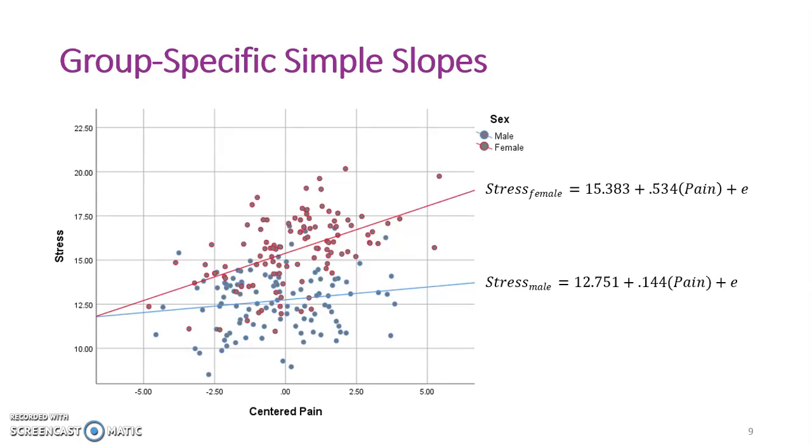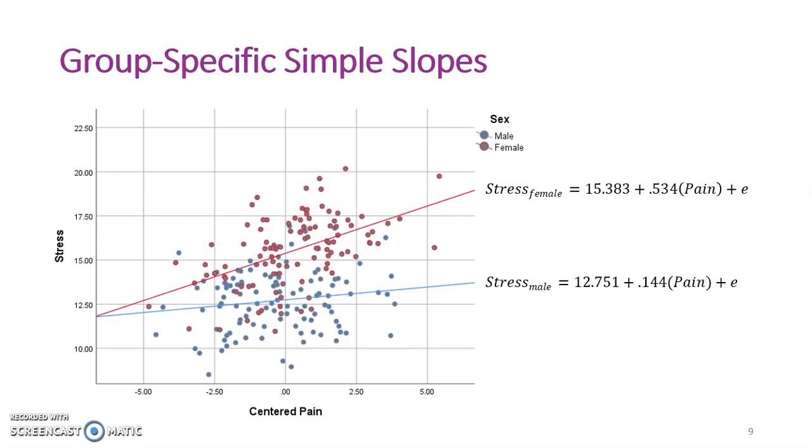It's going to correspond to stress. If we look at that center of the plot, we can see that the simple slope for females crosses pain equals 0 when stress is equal to a little bit above 15. This makes sense. And then the slope for pain is more positive.